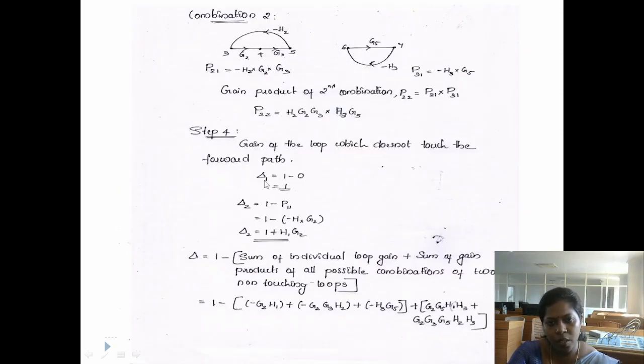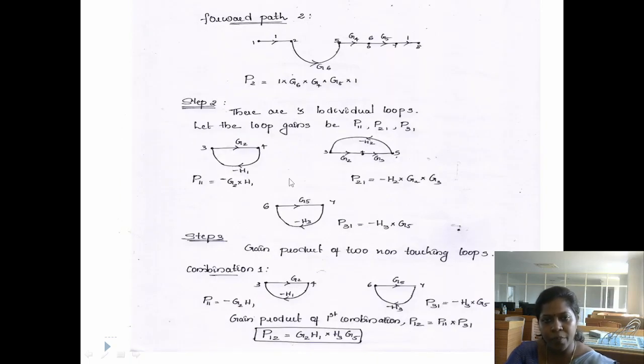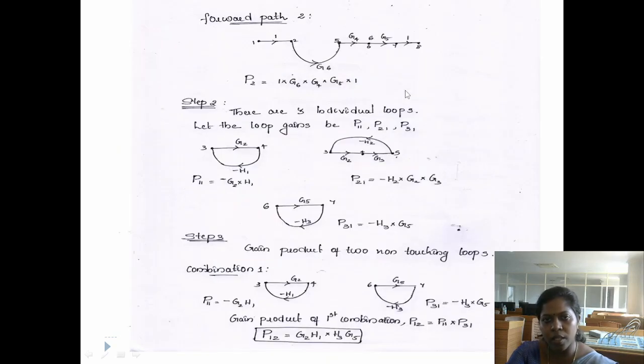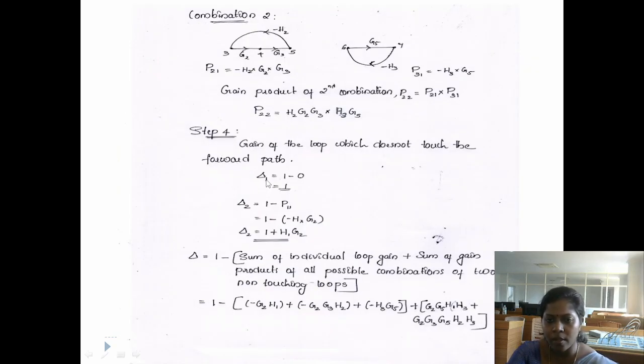Here this straight line is forward path 1, and all three loops, loop number 1, 2, 3, are touching forward path 1. There is no loop which does not touch forward path 1. So delta 1 is equal to 1 minus 0, which is equal to 1.